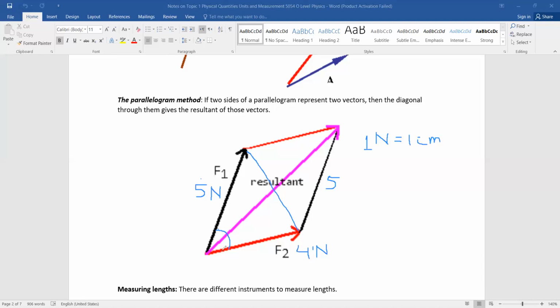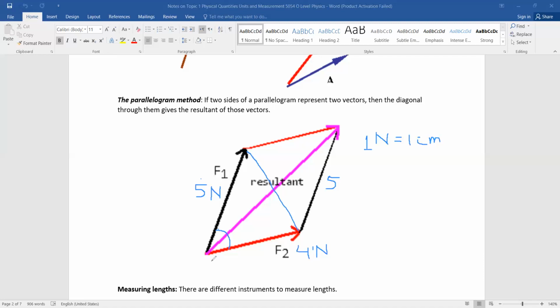Now, after getting the diagonal with the ruler, you will measure the length, right? So, if you have 5 Newton here and here you have 4 Newton, what could be the resultant of this? Can you guess?